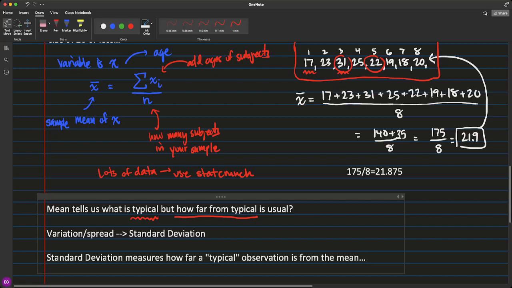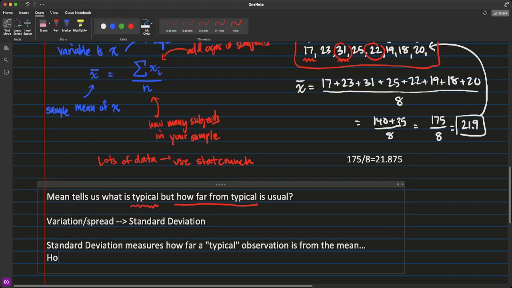They're going to be close to it, though. The question is how close. So the question is, how close are typical subjects from the typical value, i.e. the mean? Because the typical value is one number, but not everyone's going to be exactly at that number, right? They're going to be a little away from it.